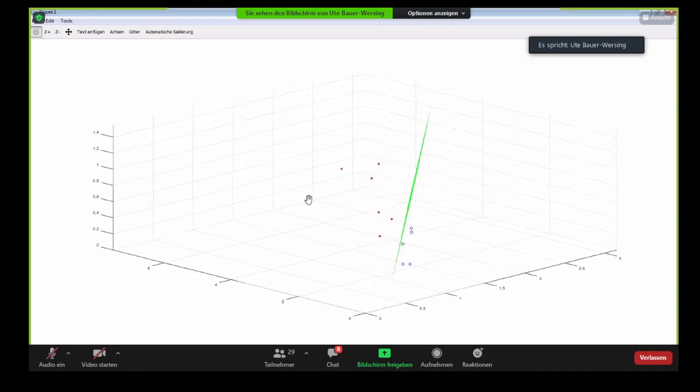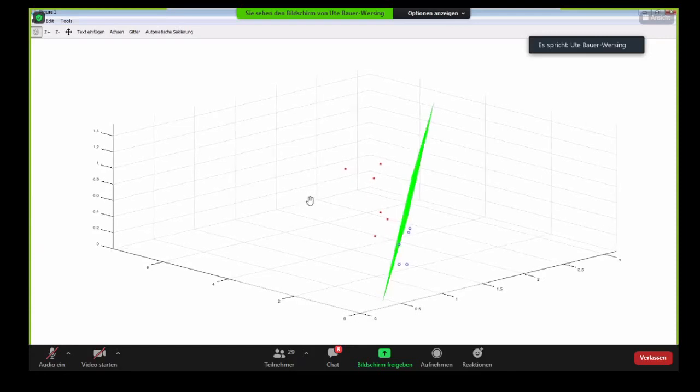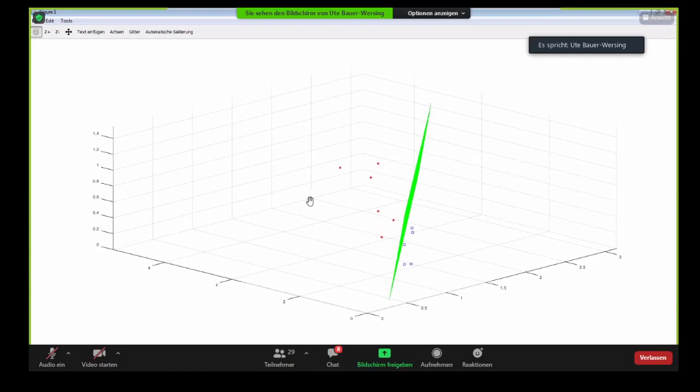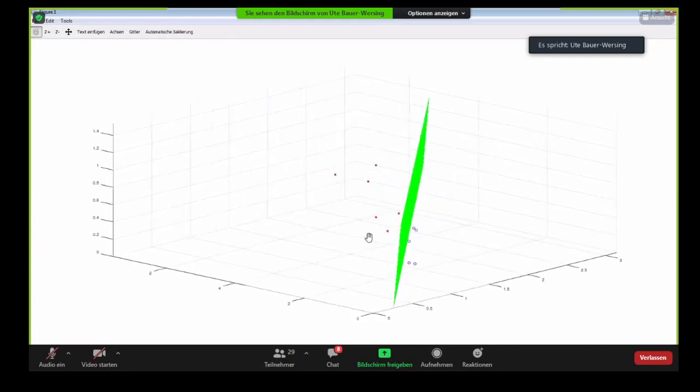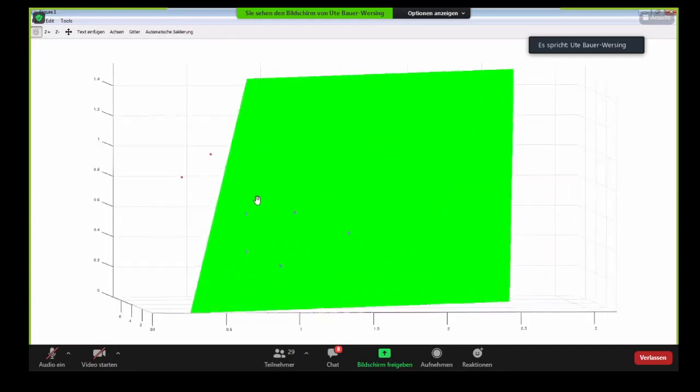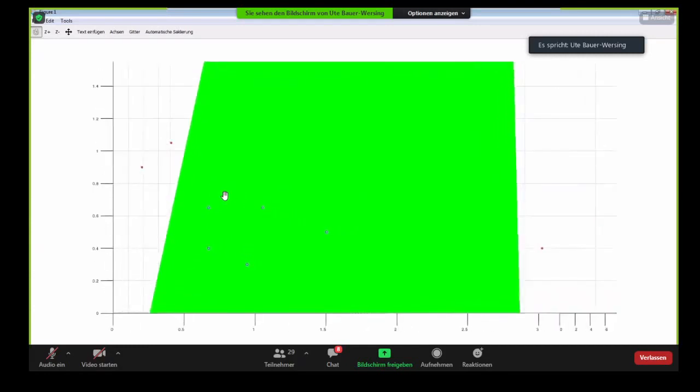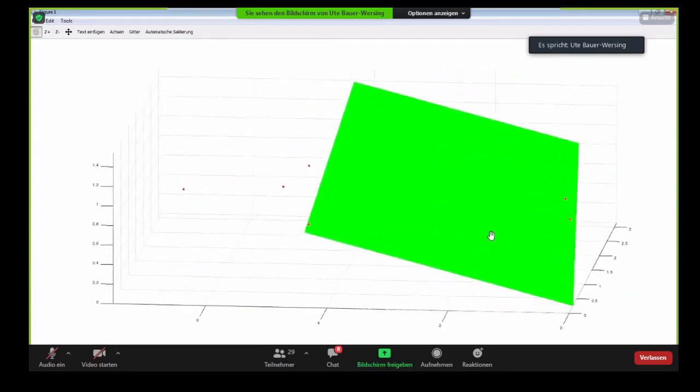And as you can see from this plot, there is a separating hyperplane, a three-dimensional one, that separates this expanded classification problem perfectly. The red dots lie on the left-hand side and the blue circles lie on the right-hand side. And you can move it around and you will see this is a separating hyperplane, right? If we move it there, the blue dots are on this side and the red dots are on the other side.